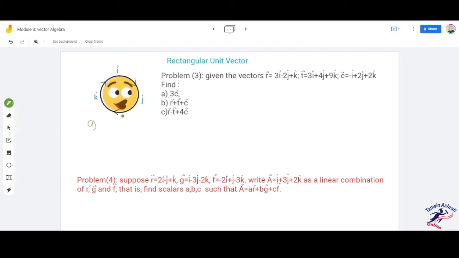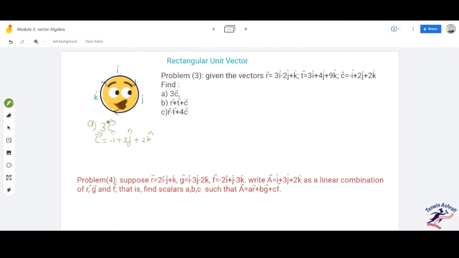For the solution, we wanted to find 3C. That means we have vector C as minus i cap plus 2j plus 2k.